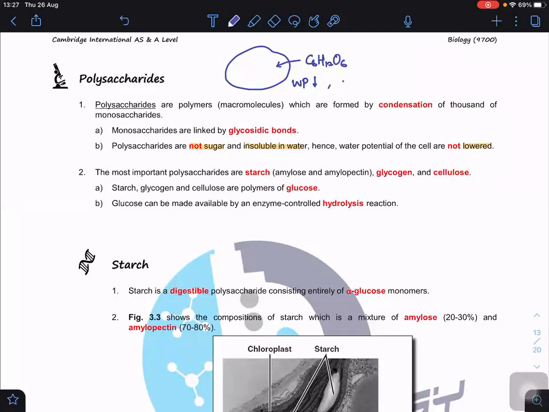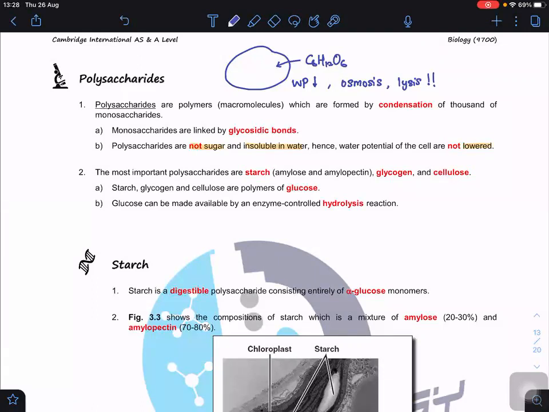You will see osmosis take place, and lysis of the cells take place. So in order to prevent the lysis of the cells, we have to convert the glucose into polysaccharides, for example glycogen or starch. Therefore, the cells won't burst. Particularly in animal cells, we convert it into glycogen, as well as in the plant cells, we convert it into starch.